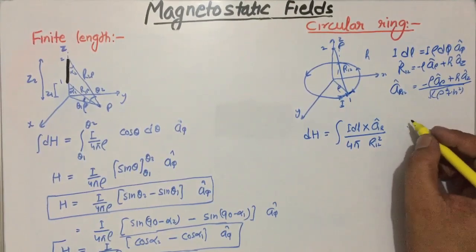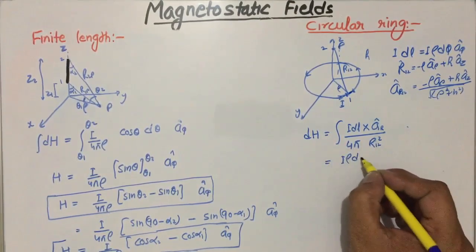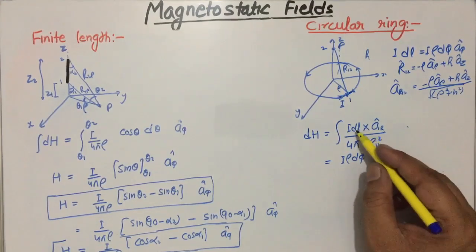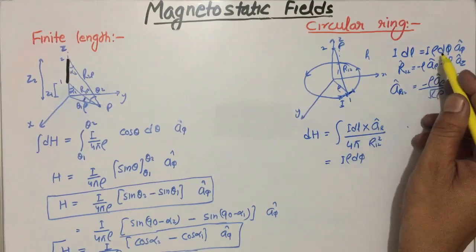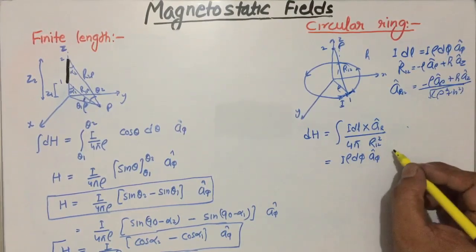we will say I rho d phi, that will be IDL from here in the direction of a phi.